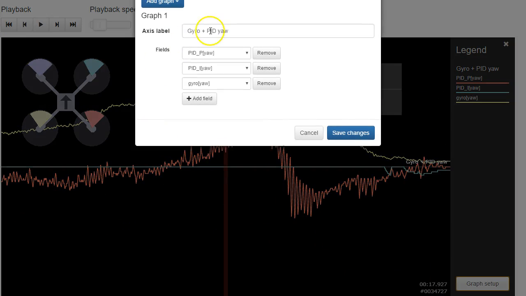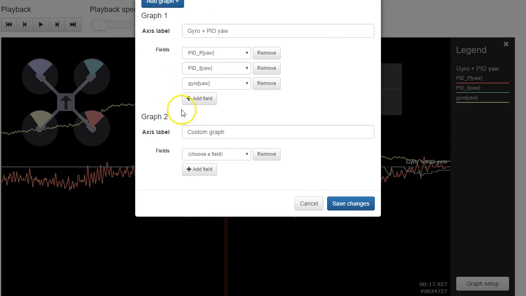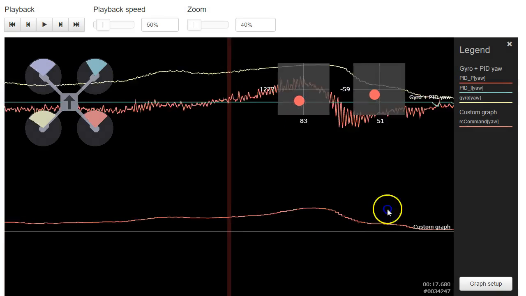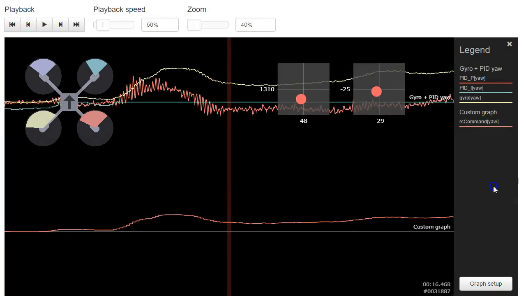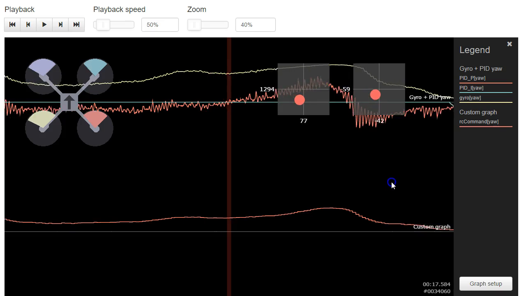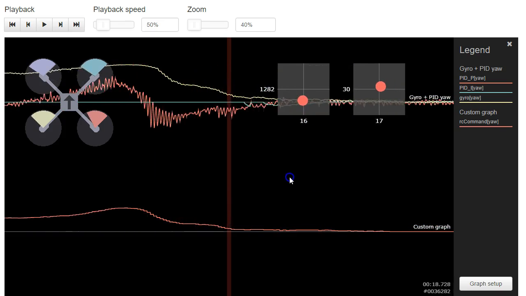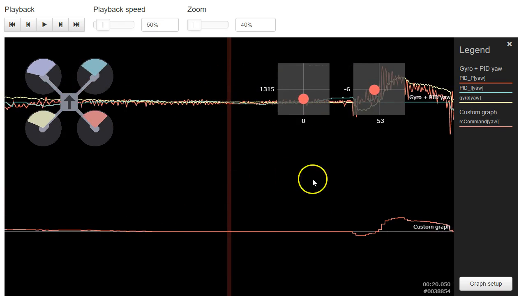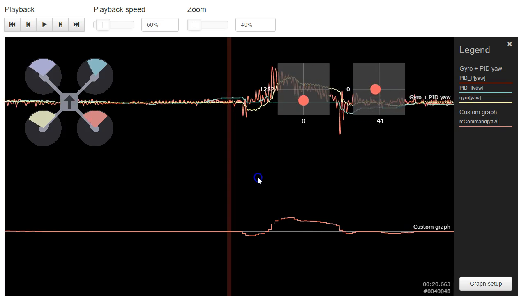Let's put RC command up here to just help make sense of this. And I'm watching your gyro and looking for any kind of shake or shimmy.